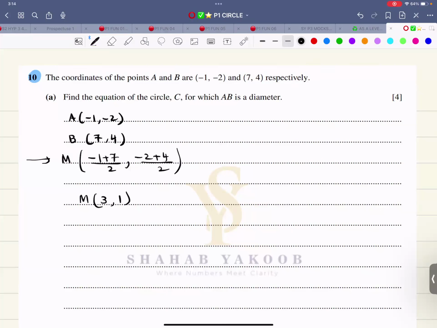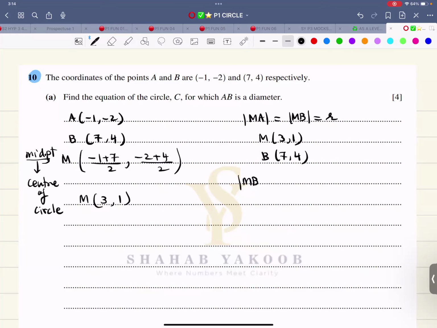So M is the midpoint. And this midpoint is the center of circle. Keep that in mind. Now, let's evaluate MA or evaluate MB. They both are the radius. So therefore, M is (3, 1). I prefer to work with positives. B is (7, 4).